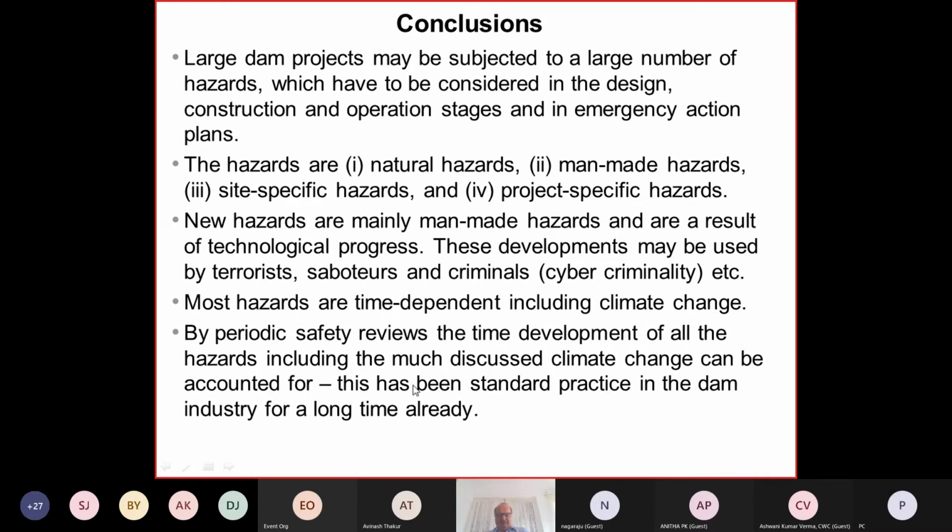And this has been standard practice in the dam industry for a long time already. So I must say, for the effect of climate change on dam safety, I'm not very concerned because the mechanisms are here, how we can deal with these safety concerns.